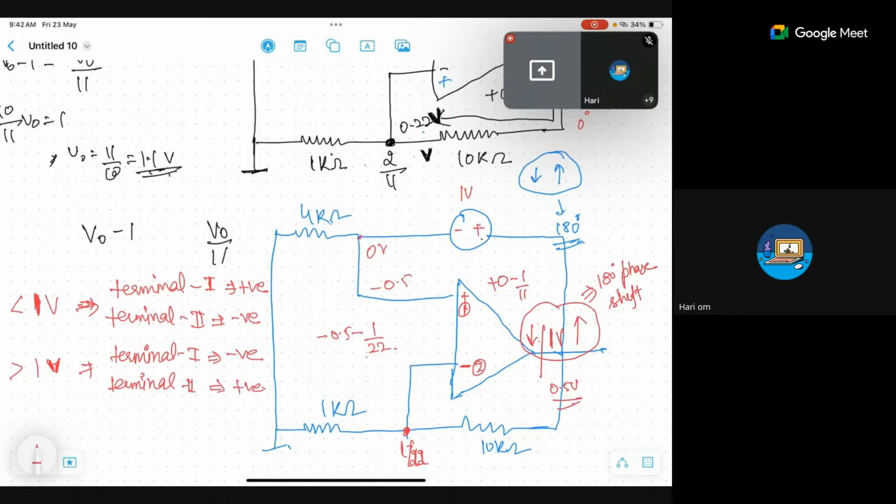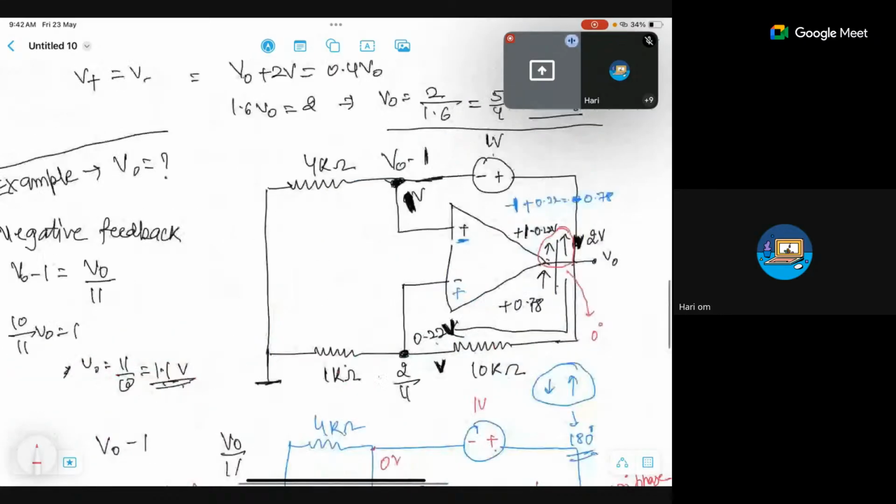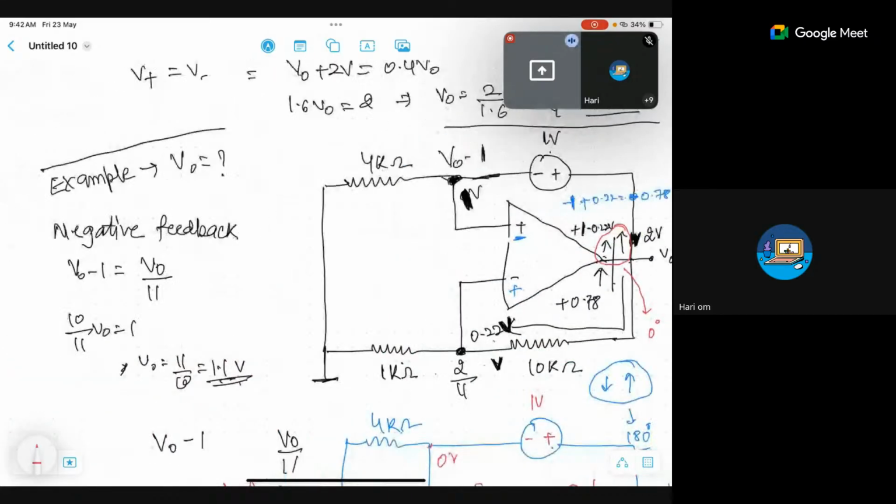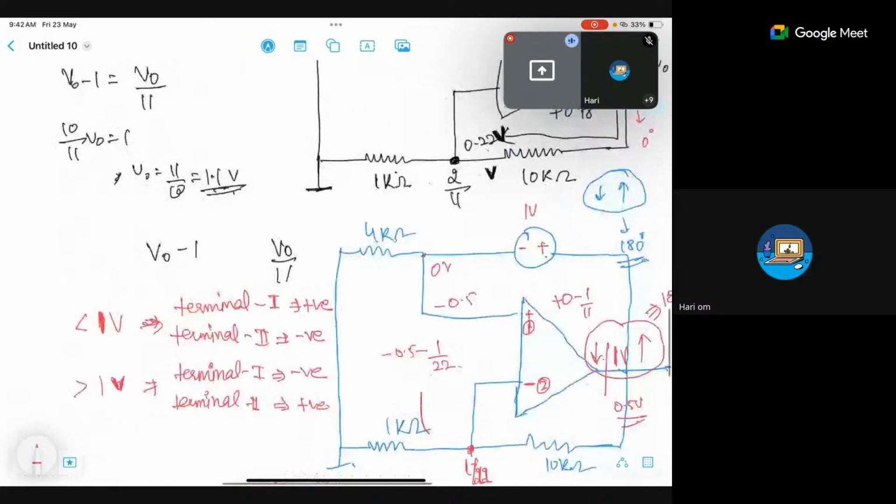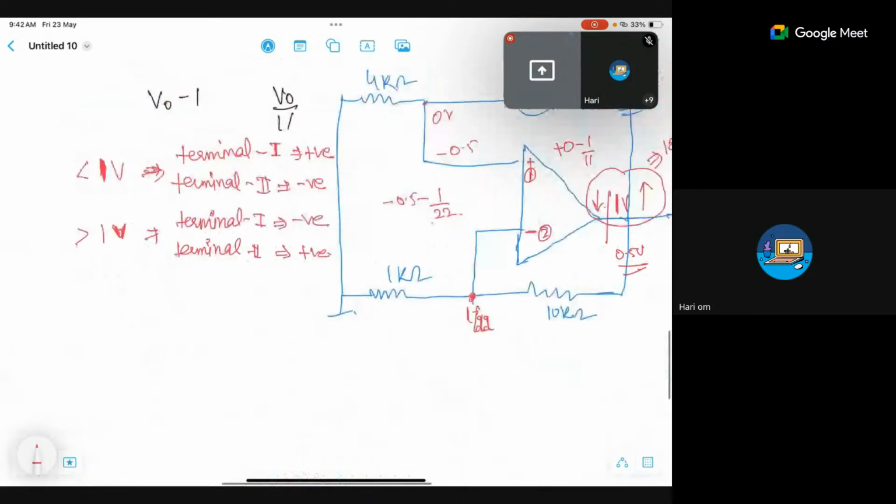That's why I tell you, if it is negative, it is not easy to understand which terminal is positive and which terminal is negative. So in this question, it is given. That's why it is given in the question. Clear? Okay, okay, sir.